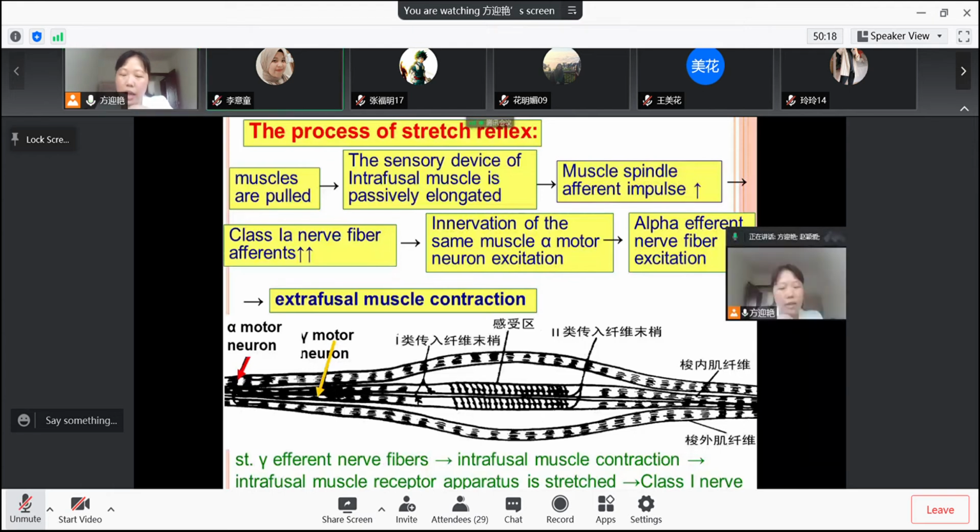Here I hope you know first that the receptor of the stretch reflex is the muscle spindle. Second, you should know the central regulating center.